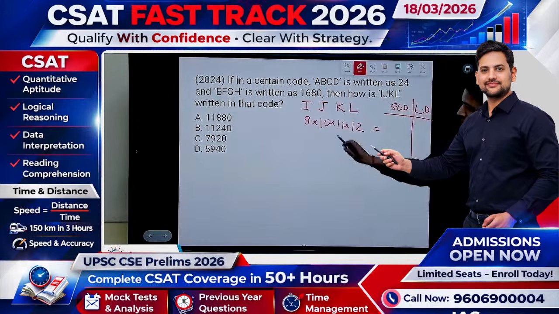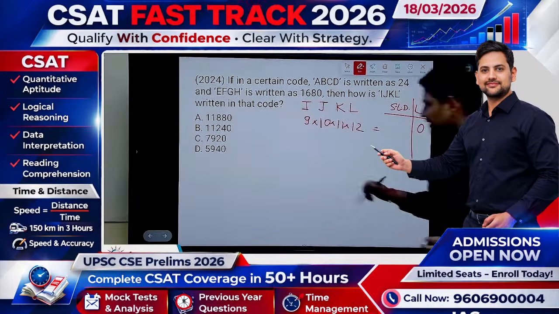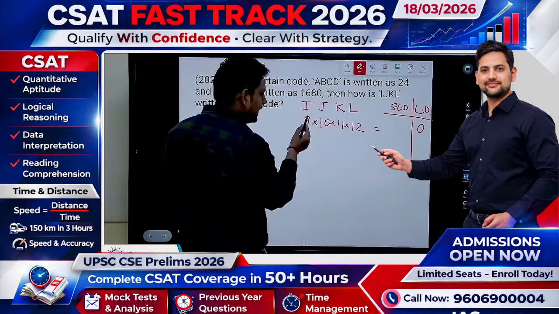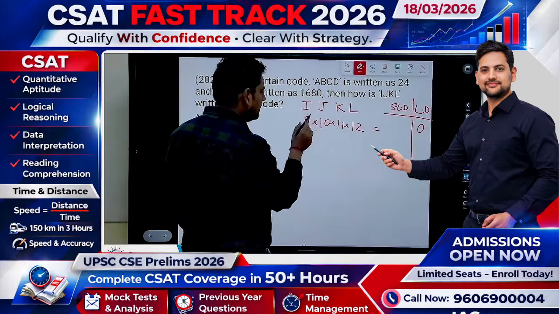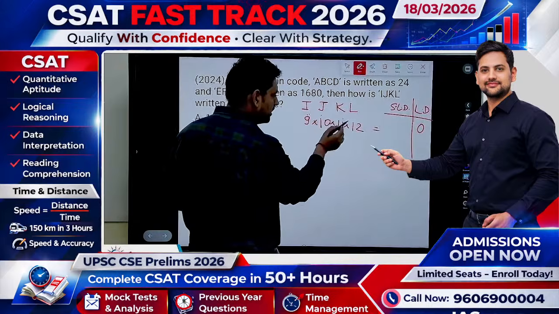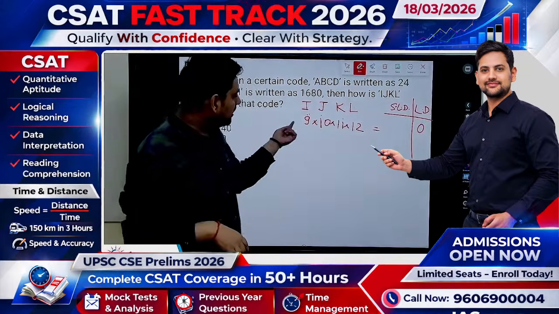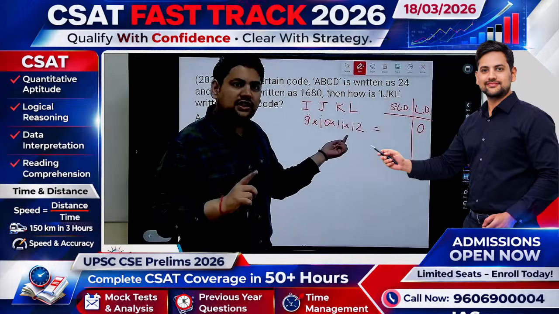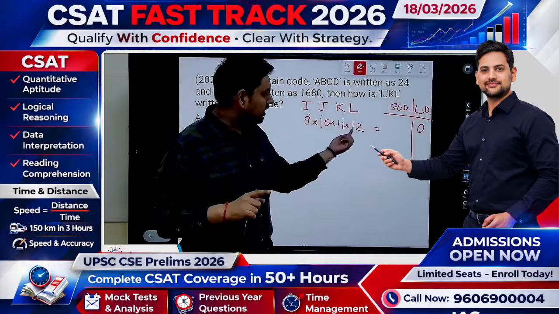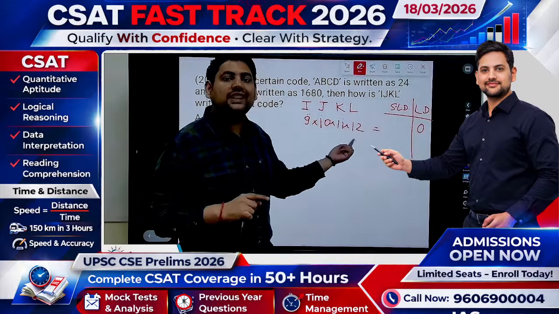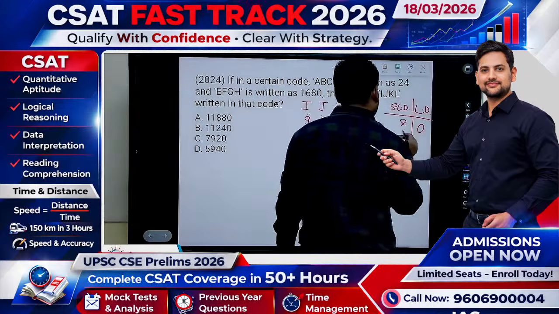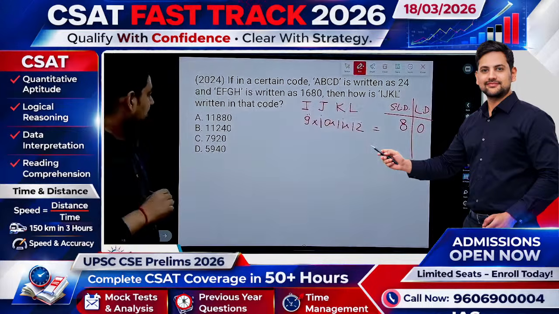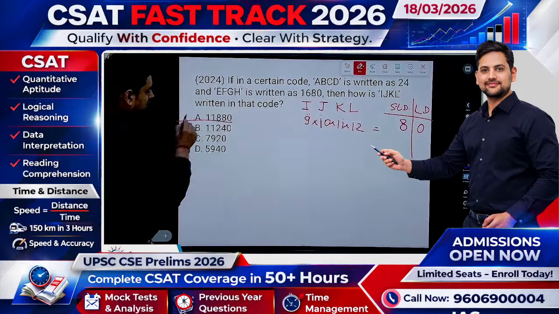If it has a 0, its last digit on multiplication would be 0. That is present in all options. Now, let's focus on second last digit. So it will be 9. This is 0. So let's leave it. So 9 into 1 and then 1, then 2. So what you get? 9 into 1, second last digit is still 9. Then into 2. What happens? 9 into 2, 18. Second last digit becomes 8. Correct? Which option has it? Only this.